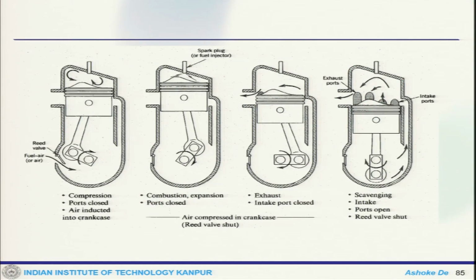So, one can see this is a two stroke engine operating cycle. What happens here? Here in this revolution, this is the compression process.